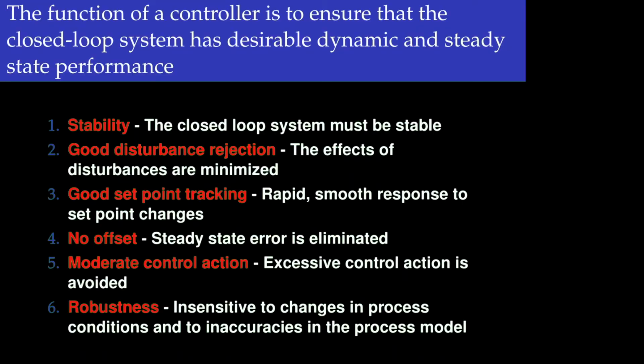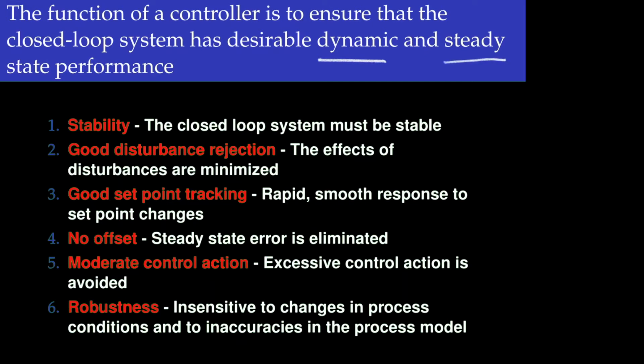Now let's look at the design considerations when you are trying to choose the controller parameters. We know that the function of a controller is to ensure that the closed loop system has desirable dynamic and steady state performance. Do remember the two elements of performance, the dynamic element and the steady state element.